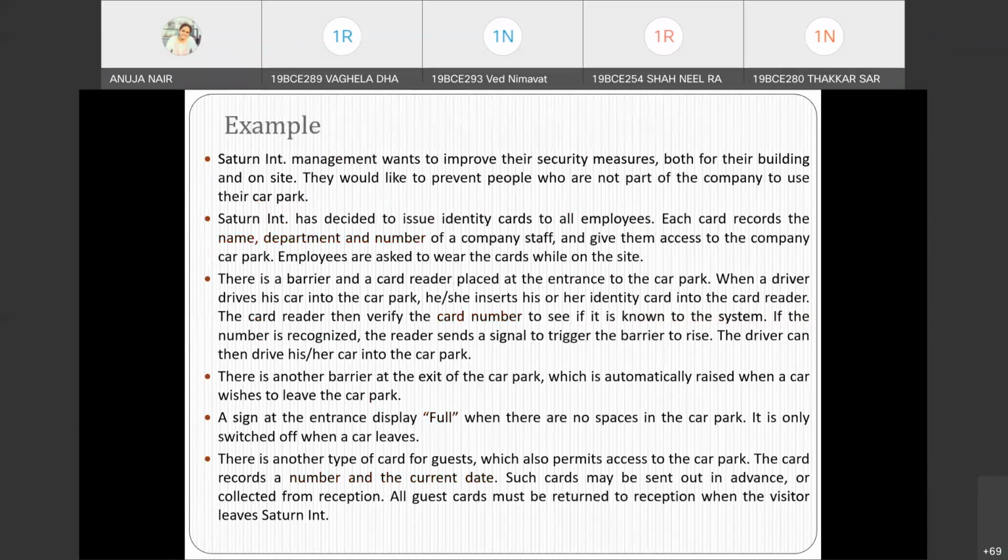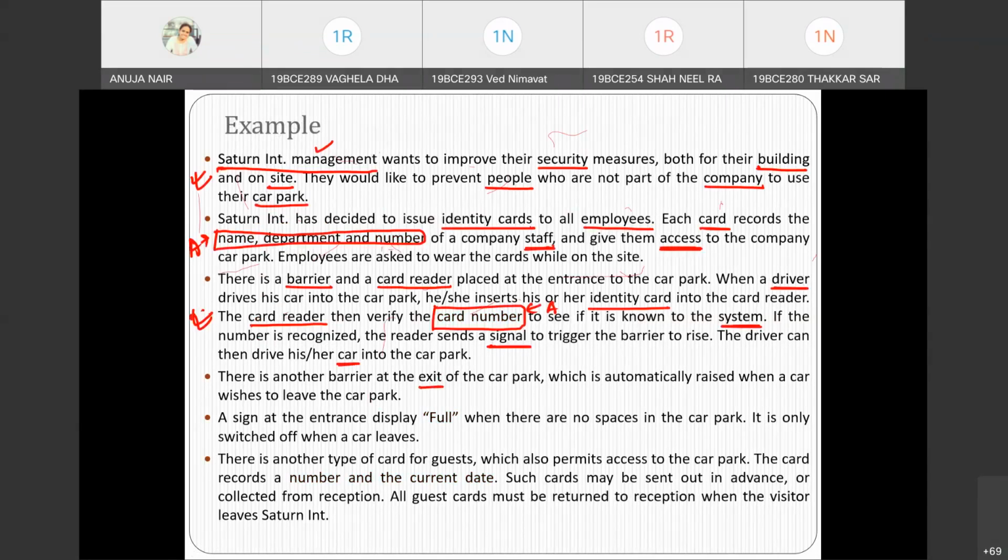So fourth statement is done. Car park we have already listed. Car park here, Kanisha. It's already there. Car park again I'm not listing.